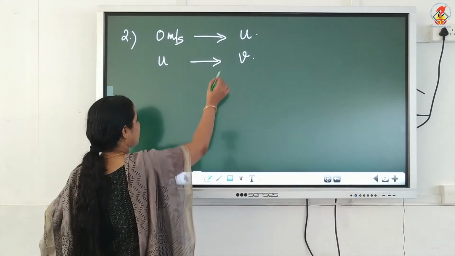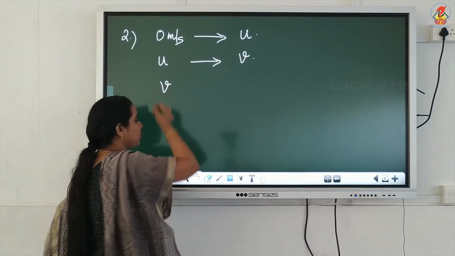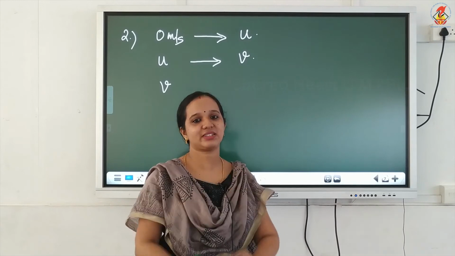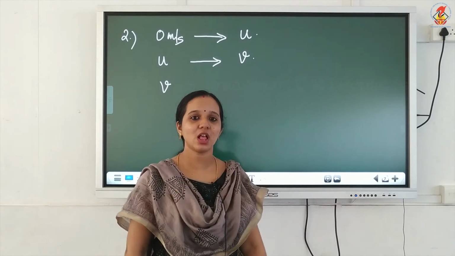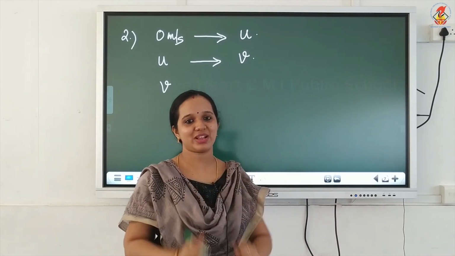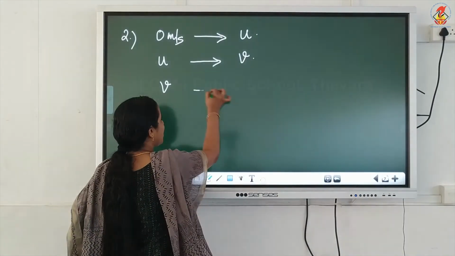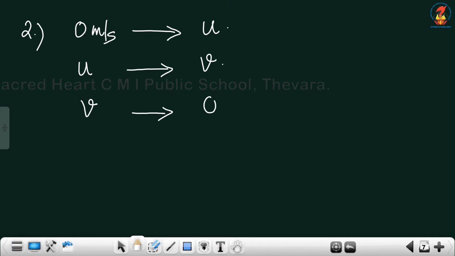Now, the goalkeeper collects the football. So, the football with velocity v reached the goalkeeper and he collected it. Collected it means the football has come to rest. So, initially the ball had a velocity v. When the goalkeeper collected it, the velocity got reduced back to 0 meter per second.